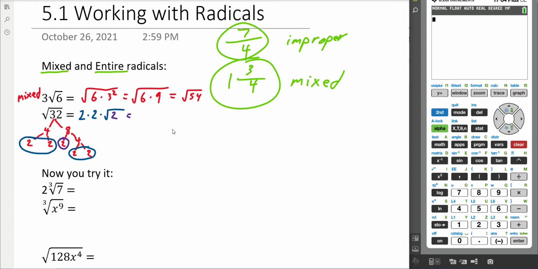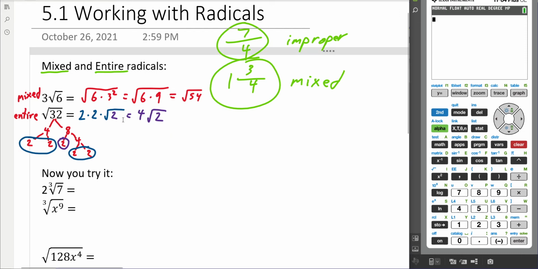Now if we simplify one more step, we get 4 root 2. So we have now gone both from a mixed radical to an entire radical, as well as an entire radical to a mixed radical. Both are valid, both are useful, depending on the context of the question.